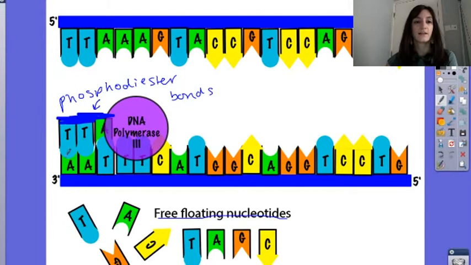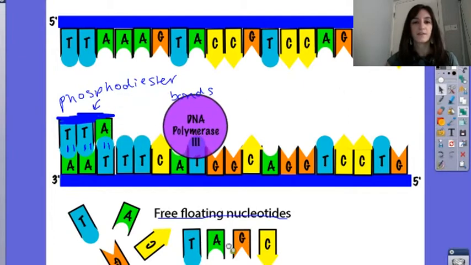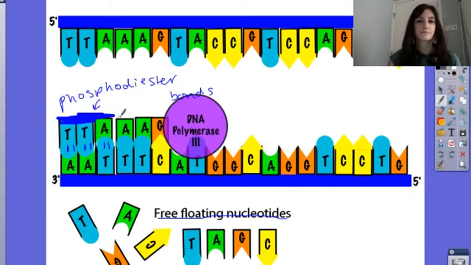Okay, and then the nitrogenous bases will also form hydrogen bonds. So there'll be two there. Okay, and then DNA polymerase keeps moving along the molecule, catalyzing those reactions again and again until we form a new strand of DNA that is complementary to the old strand. And it keeps going.